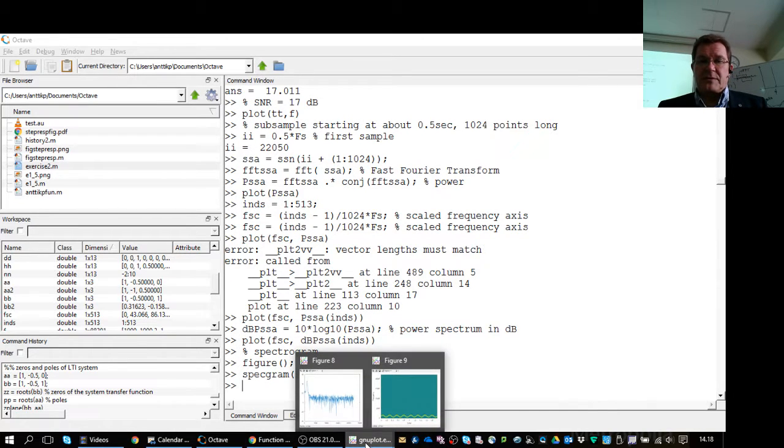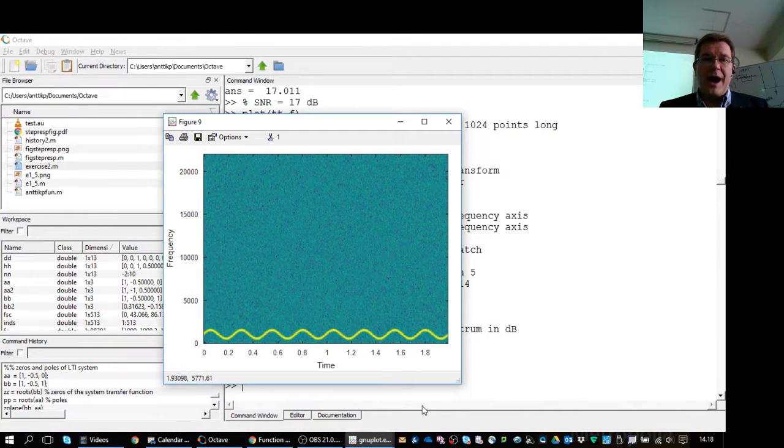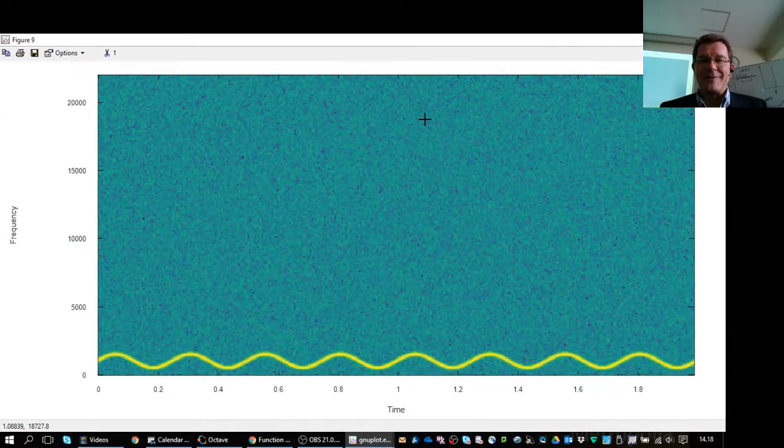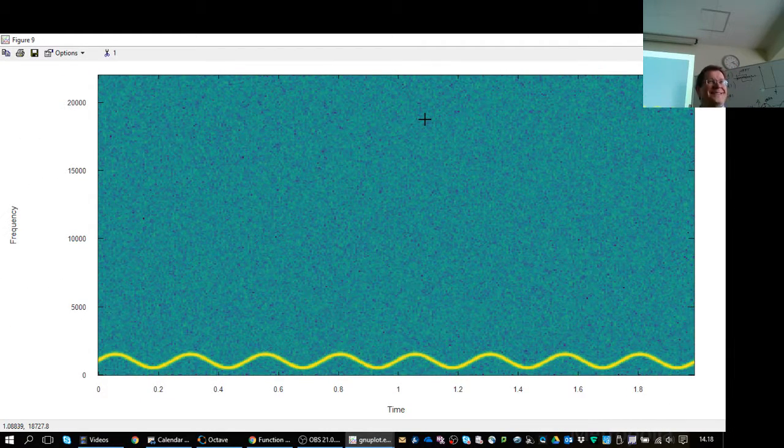And we have a spectrogram. Wow, that's cool. It looks like that one. So we had that 1 kilohertz, and then we have the plus minus 500 hertz undulation there.